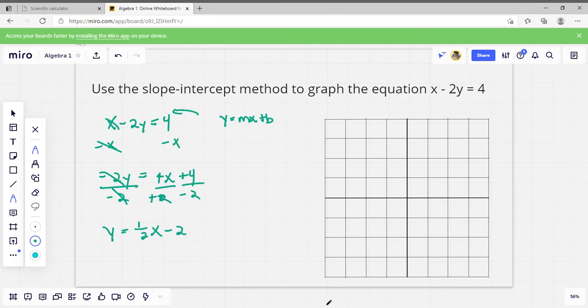Now I can graph that. So my m value would be right here. That's my slope. And my y-intercept is b, so that would be here. -2, so I start at 0 and I count down 1, 2. There's my dot.